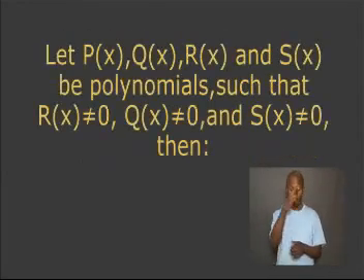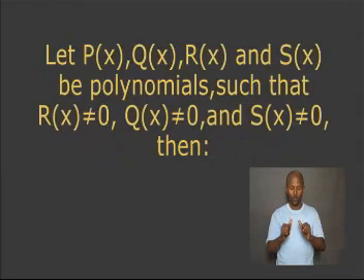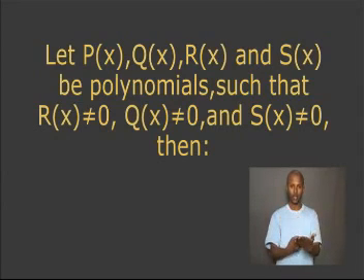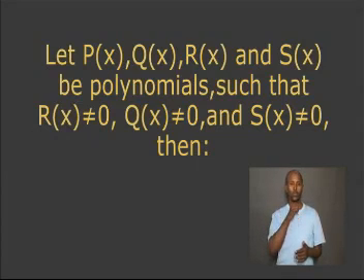In the case of division, let P of x, Q of x, R of x, and S of x be polynomials such that R of x, Q of x, and S of x do not equal 0.